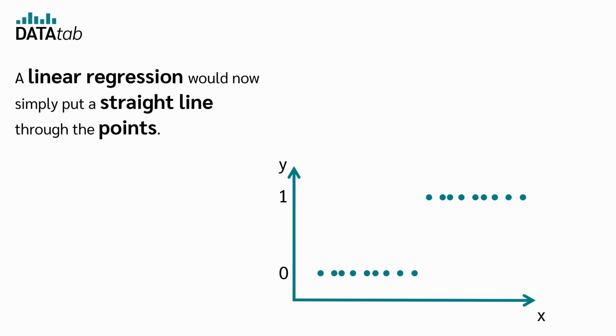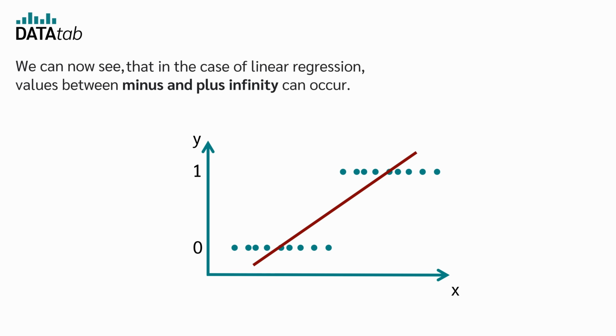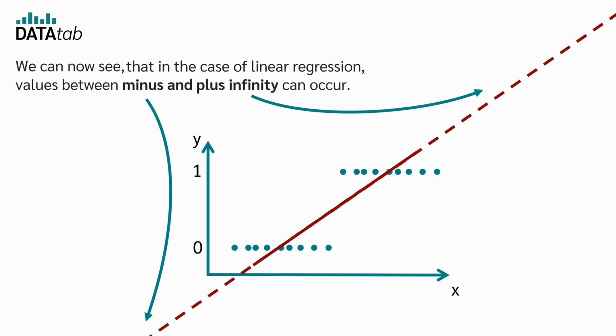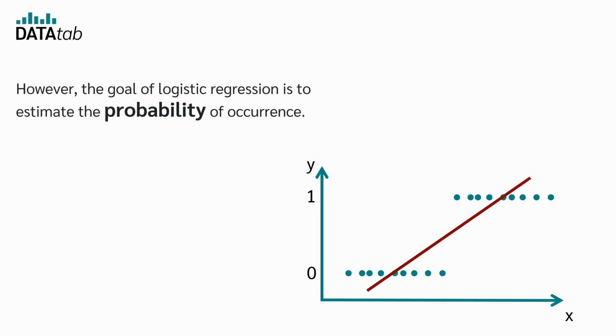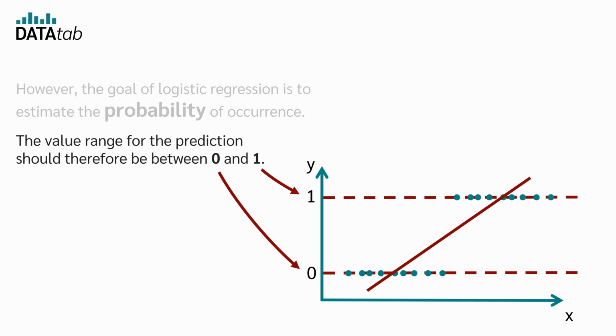A linear regression would now simply put a straight line through the points. We can now see that in the case of linear regression, values between minus and plus infinity can occur. However, the goal of logistic regression is to estimate the probability of occurrence. The value range for the prediction should therefore be between 0 and 1.